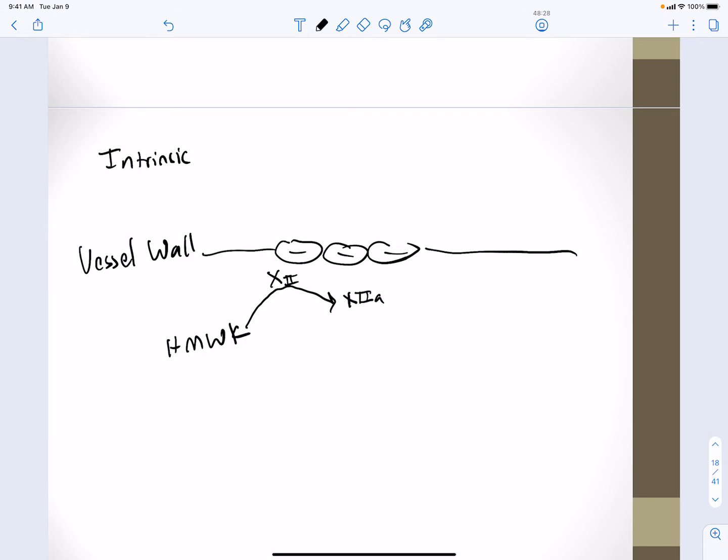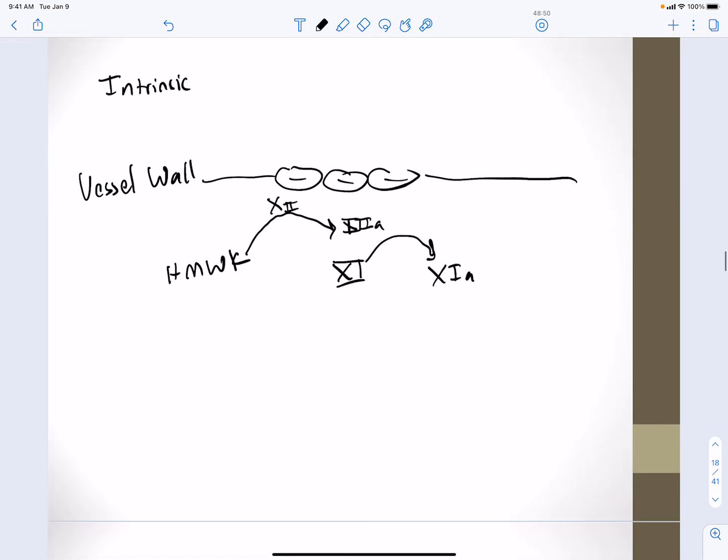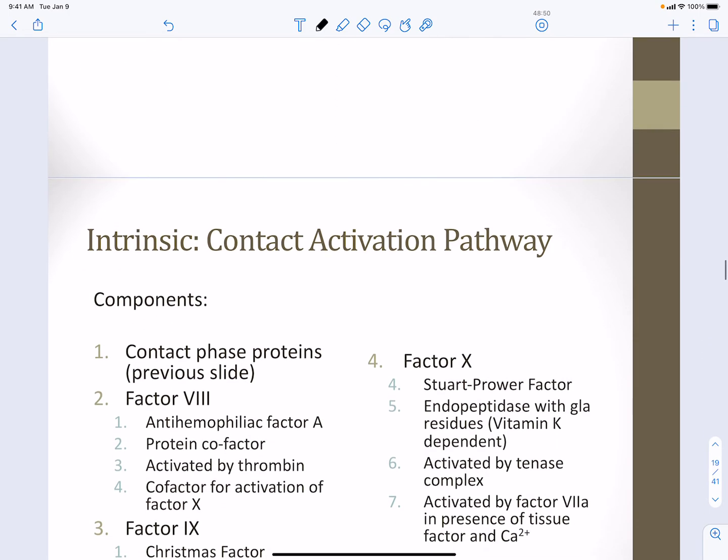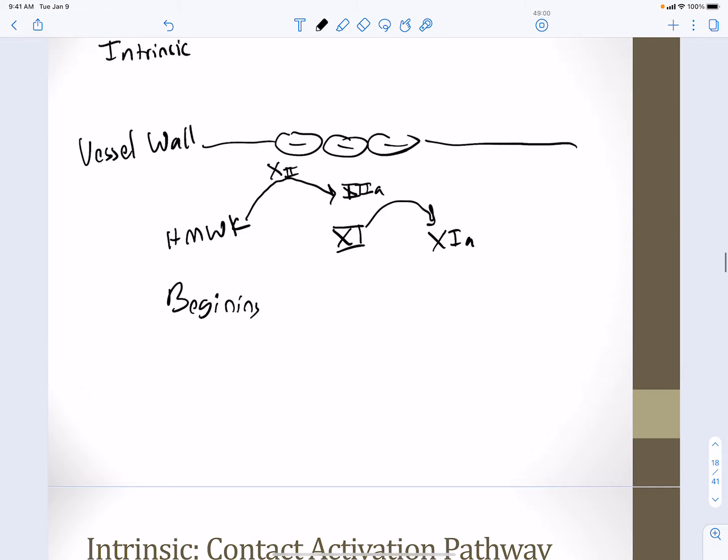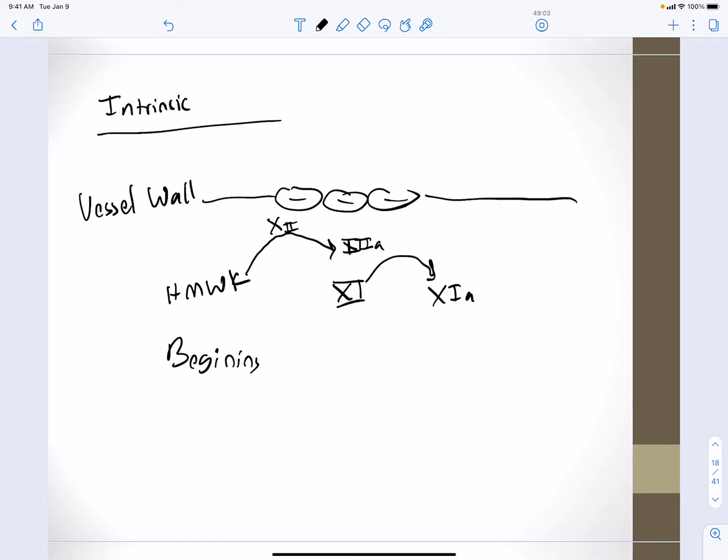You can think of the A as maybe activation. And so factor 12A will activate factor 11 to become factor 11A. Okay, and then once you have those factors activated, that's the beginning of the intrinsic pathway. Again, we're talking about intrinsic.